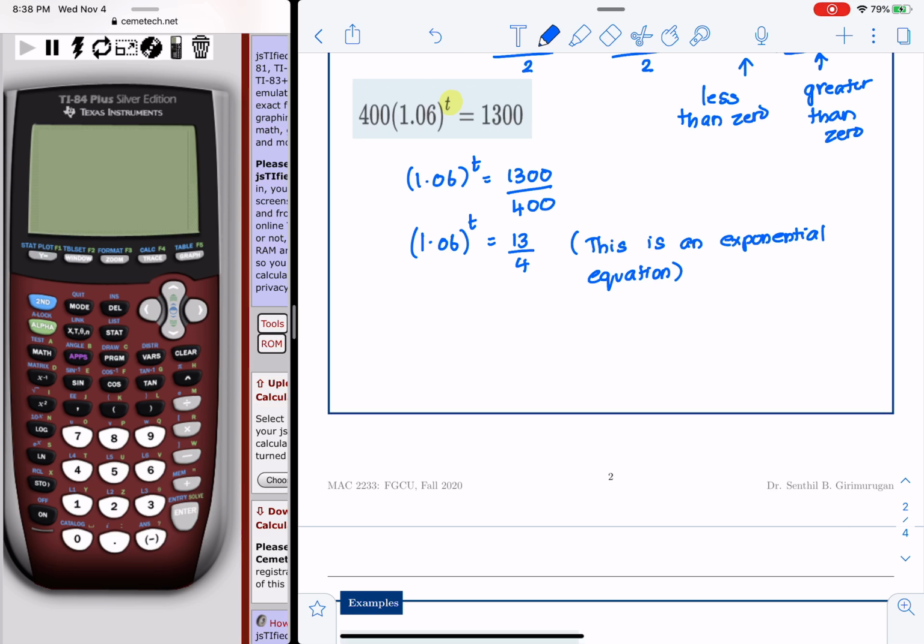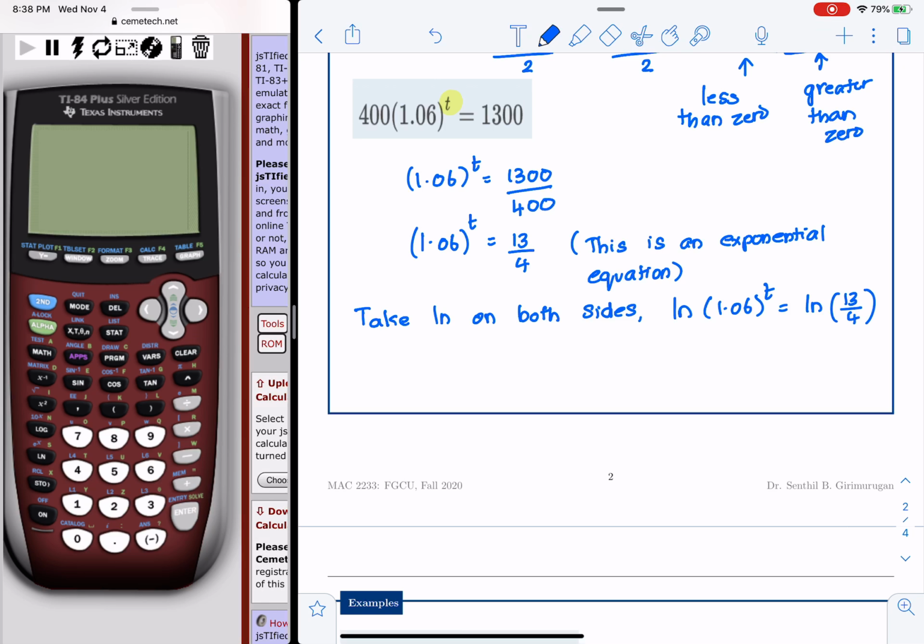So if we take the natural logarithm on both sides, we end up having ln of 1.06 raised to t is equal to ln of 13 over 4.